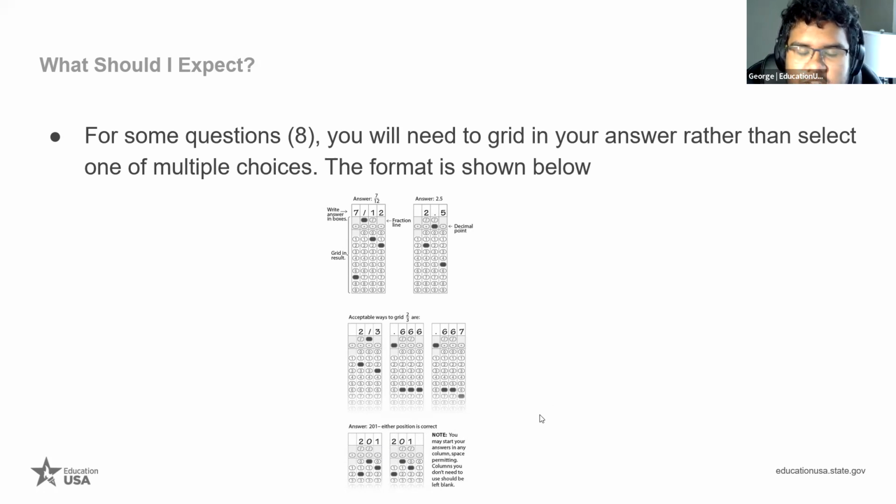Either position works as long as you have the answer actually bubbled in. And if you're not using any column, then you should be leaving it blank.